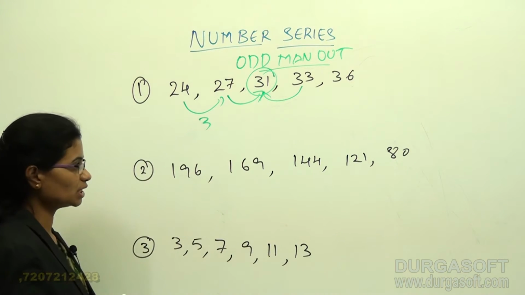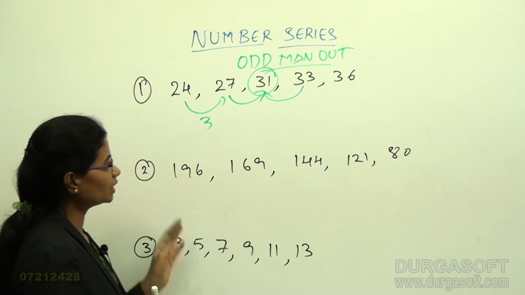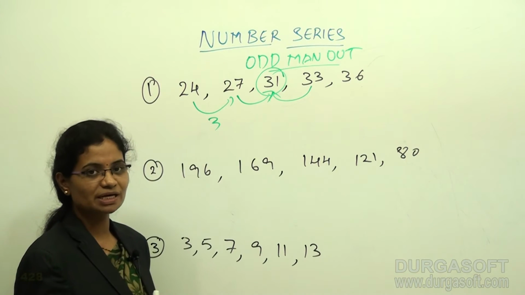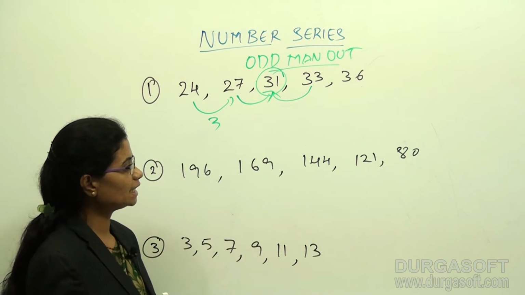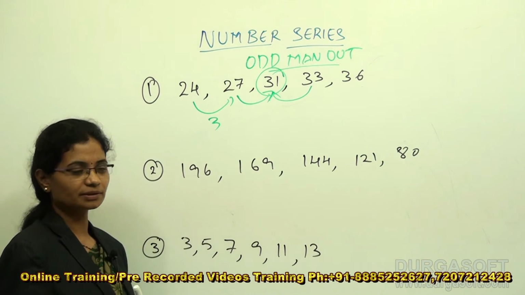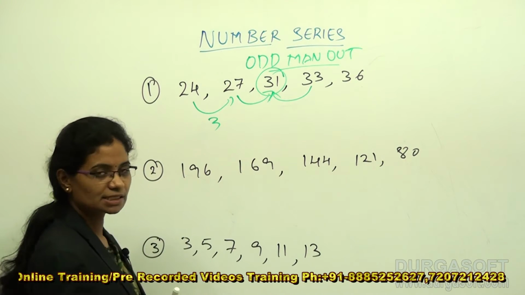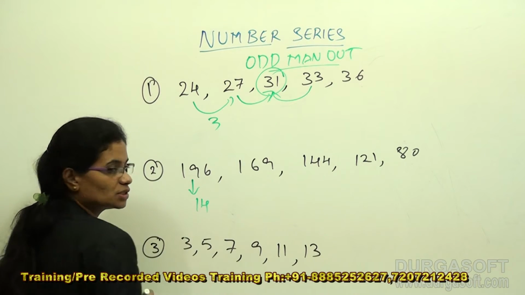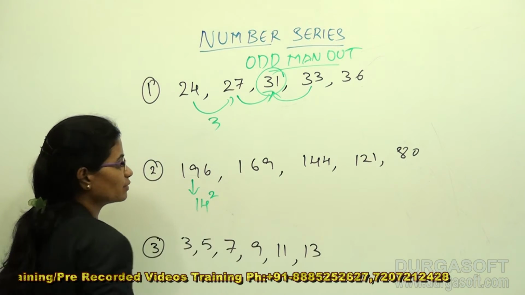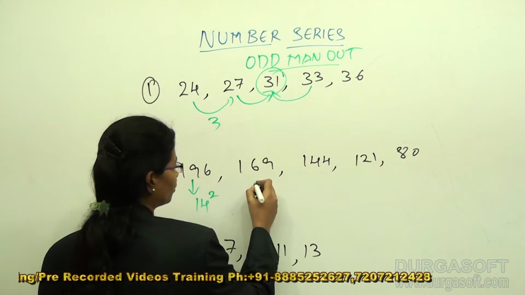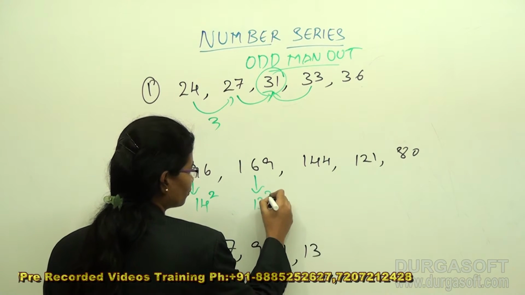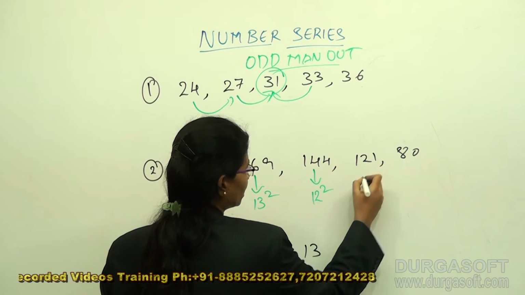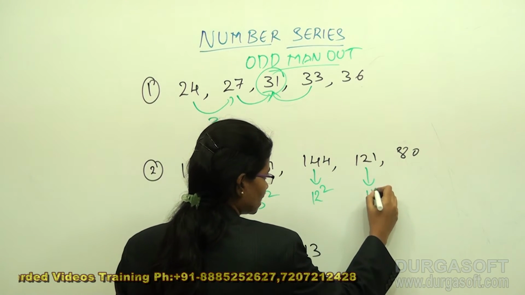Let's move to the second question. Here, if you are very perfect with the squares, then you can easily identify what is happening. 196 is the perfect square of 14, so 196 is 14 squared. 169 is 13 squared, 144 is 12 squared, and 121 is 11 squared.